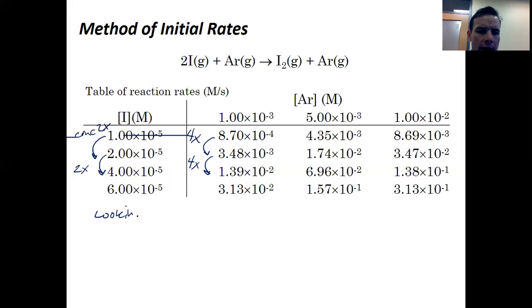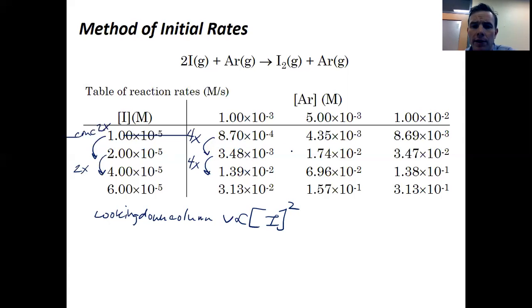Looking down a column, or I should probably say analyzing it, it looks like V is proportional to I squared. I double the concentration and the reaction rate goes up by a factor of 4.